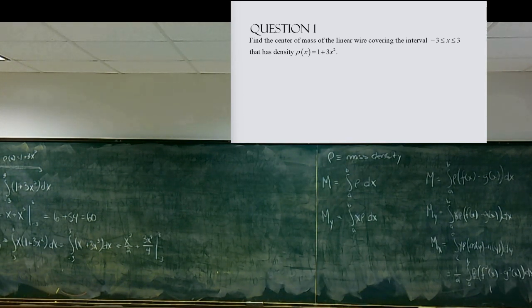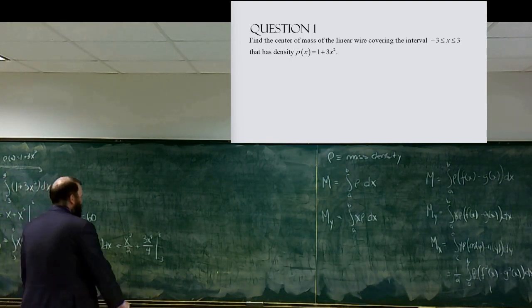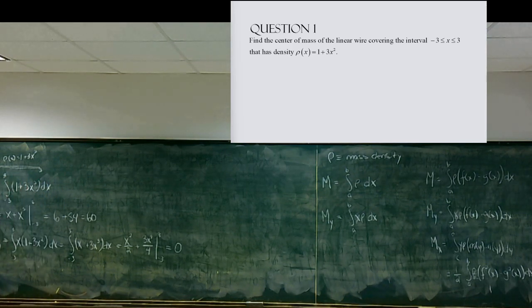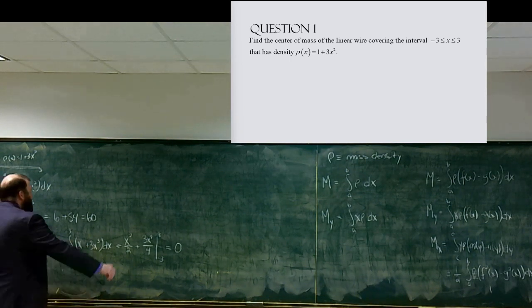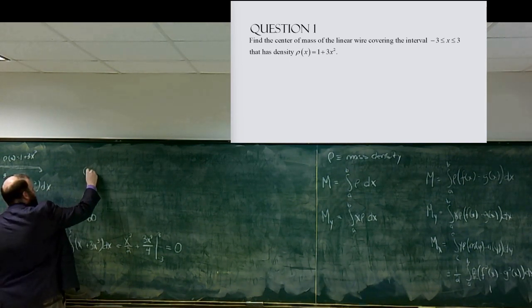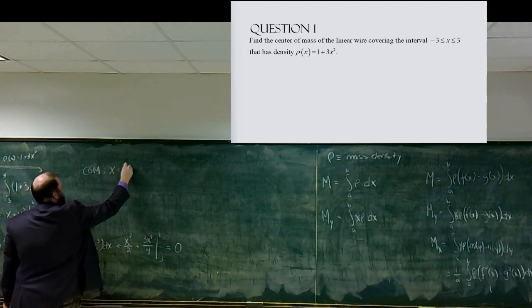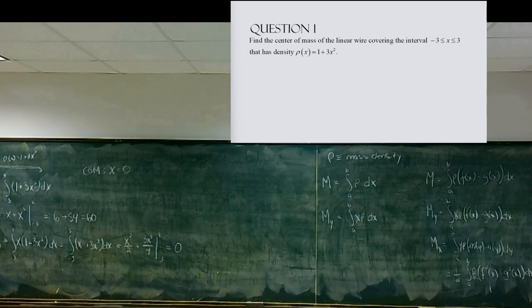Evaluate that from -3 to 3. Zero. The center of mass is located right at 0, the origin, which happens to be the halfway point of the wire.